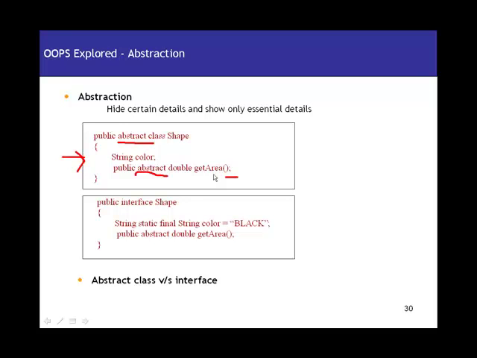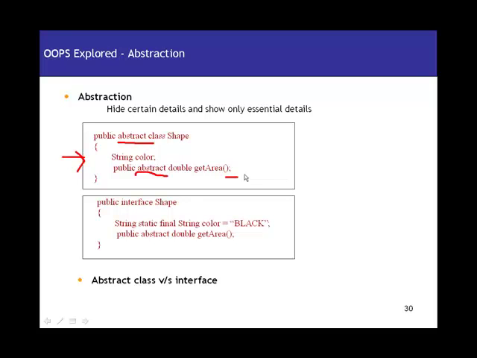Now let's go back to the definition. Abstraction says hide certain details and show only the essential details. So what are we hiding here? We are hiding the implementation of the method get area, and we are only showing the essential details: every shape does have a get area method.